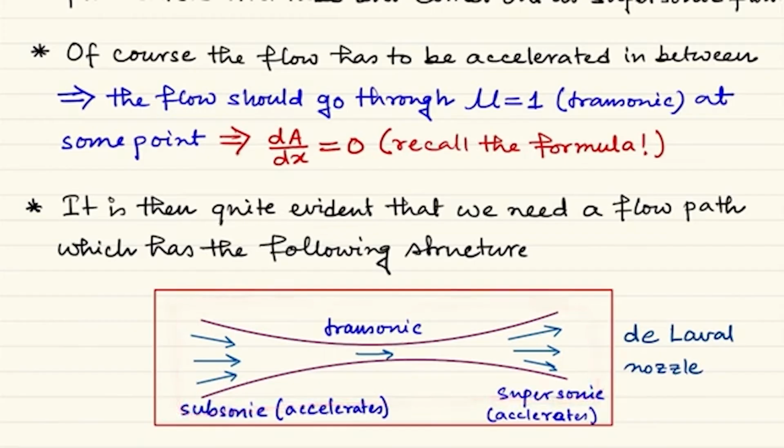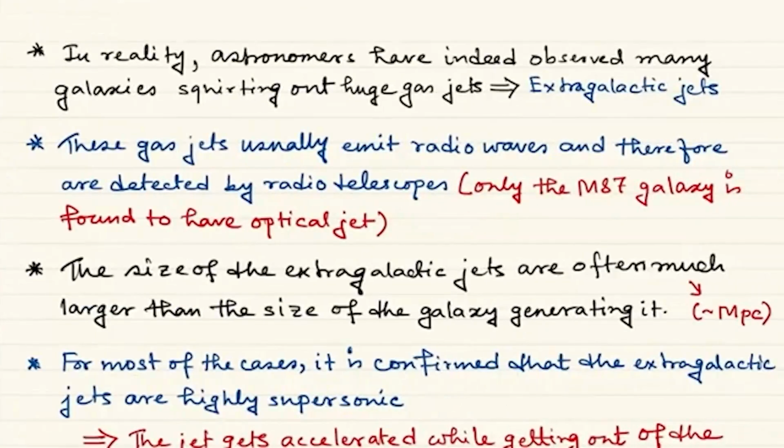Okay, and this specific construction is known as the Laval nozzle. Okay, and the Laval nozzle is the most promising model for the extragalactic jets. Till now, of course, there are subtleties, but being simplistic, this is the most promising model.